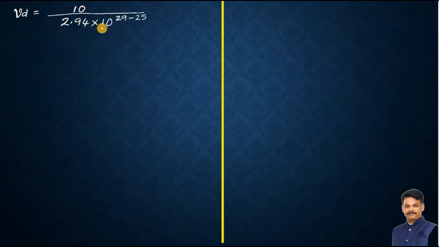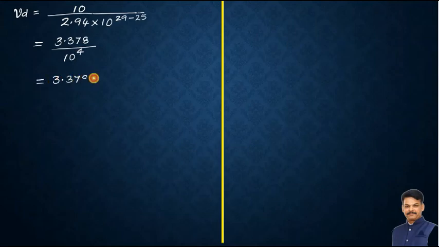Now when we multiply the numbers present in the denominator and apply the laws of exponents, we get drift velocity equal to 10 divided by 2.94 into 10 raised to 29 minus 26. If you divide 10 by 2.96, it will be 3.378 divided by 10 raised to 4, or it can be written as 3.378 into 10 raised to minus 4.